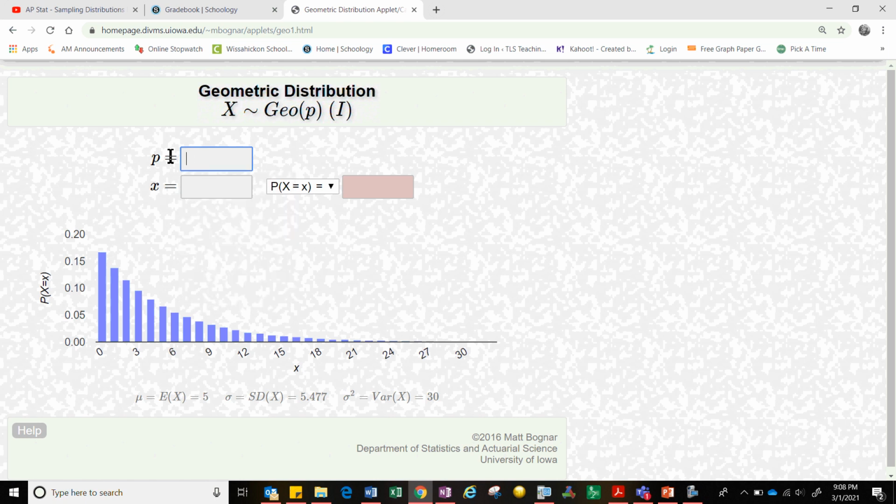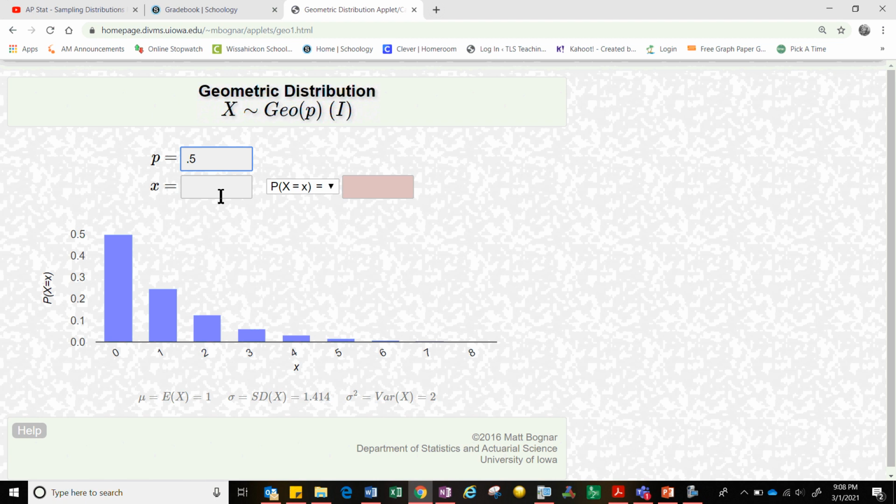Now let me look at a histogram that has a probability of success of, let's say, 0.5. Notice it looks a little different. It still has that strong right skew shape, but in this case my x-axis shortens. Before it went up to like 20 or whatever it was. Now it only really goes up to 8.